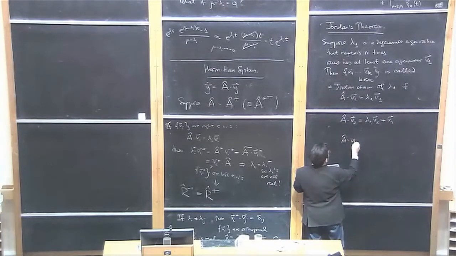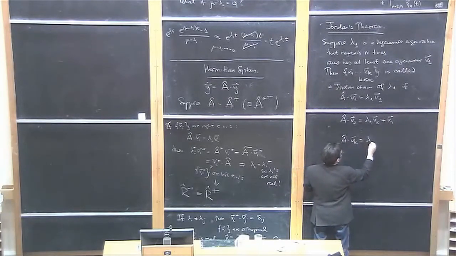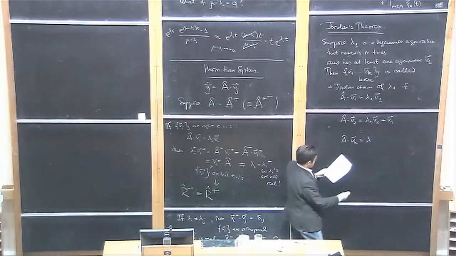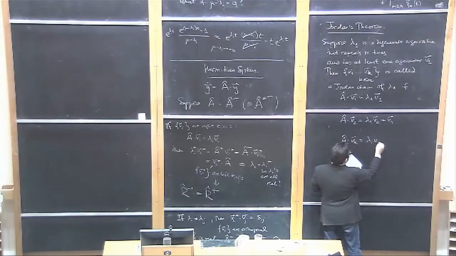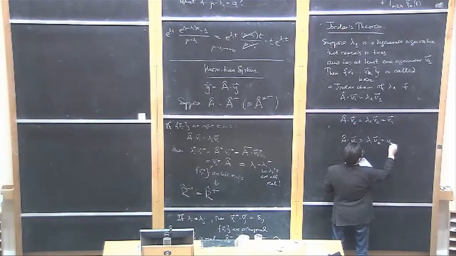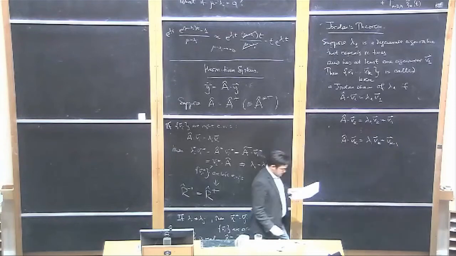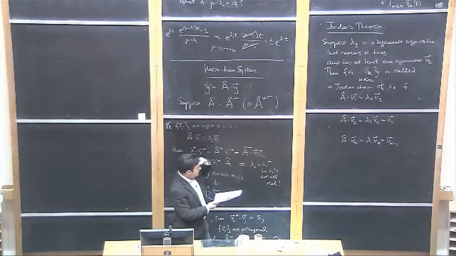A dot Vk is going to be lambda 1 Vk plus Vk minus 1. Okay?